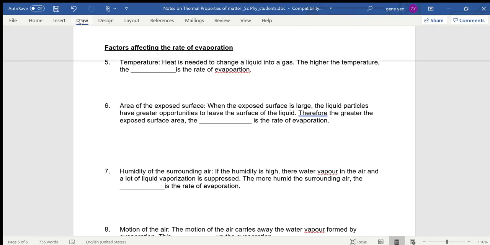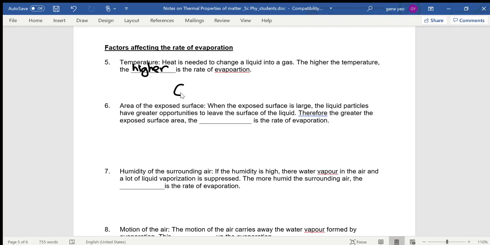Okay, so one definite important factor affecting the rate of evaporation is temperature. Of course, the higher the temperature, the higher the rate of evaporation.